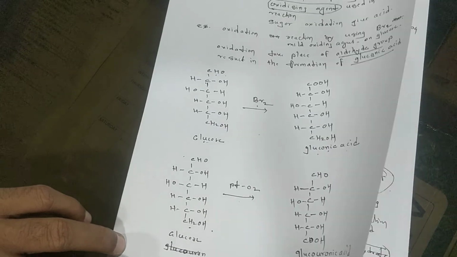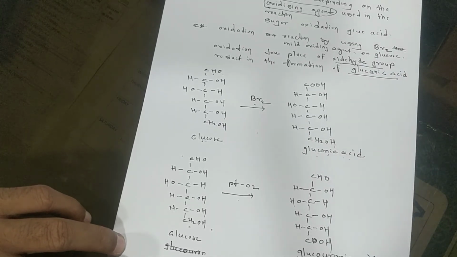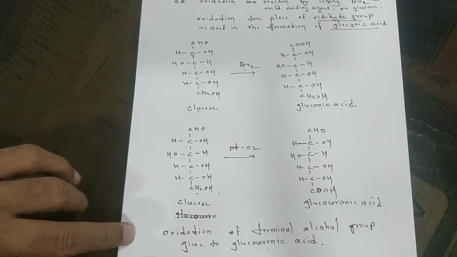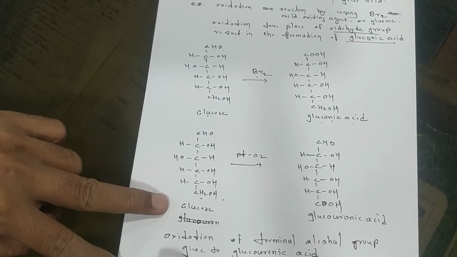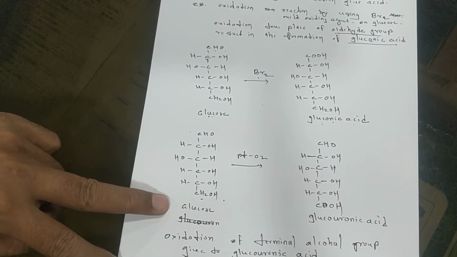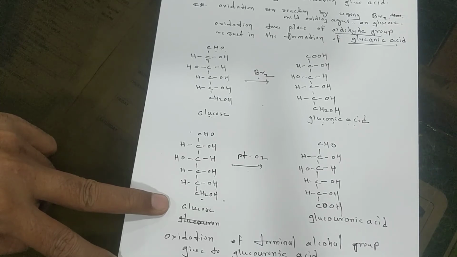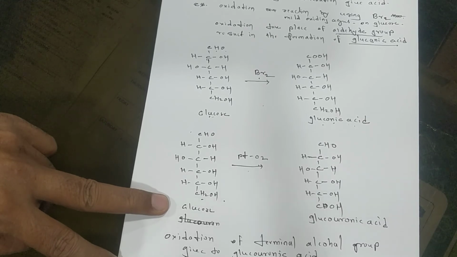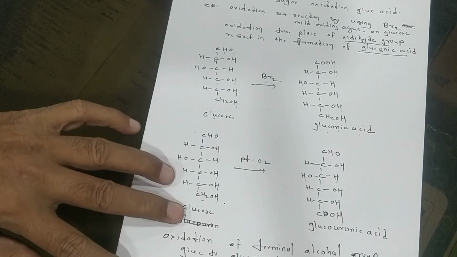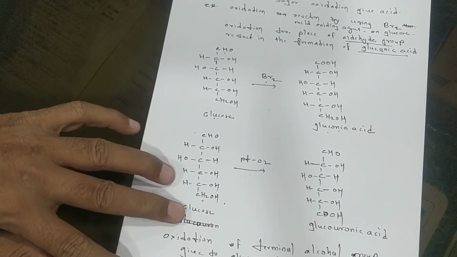Now the next oxidizing agent, number 3: the oxidation of both groups, aldehyde and alcohol.